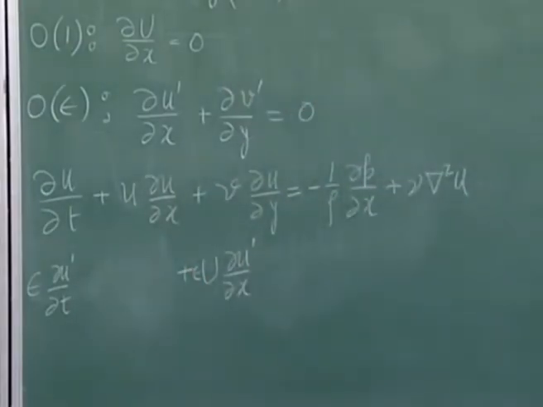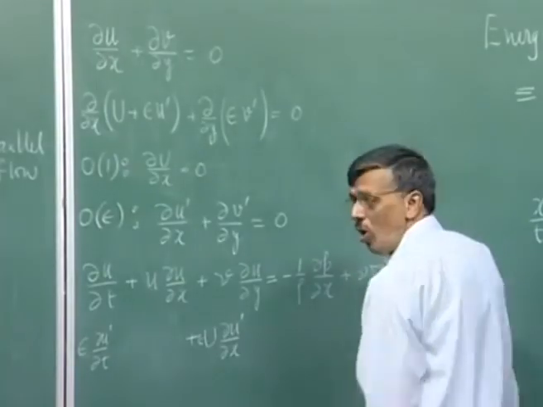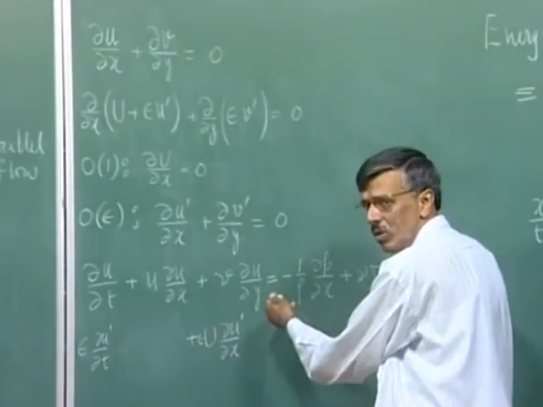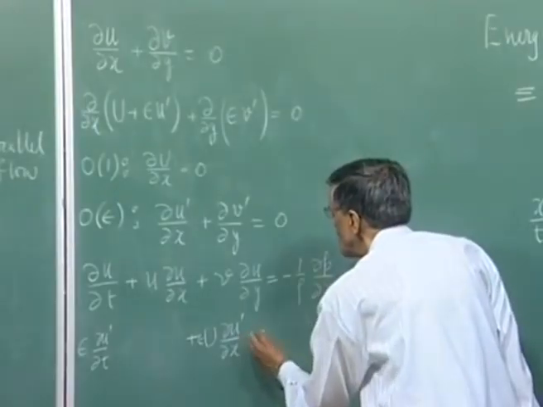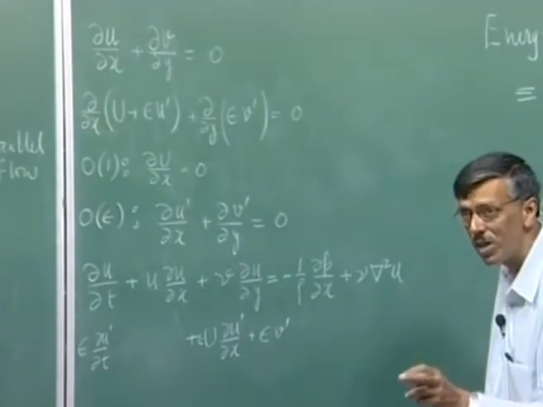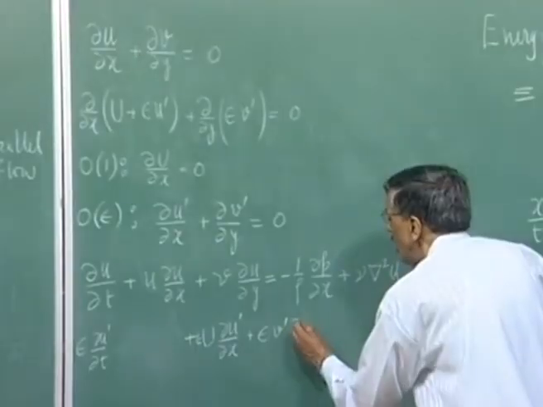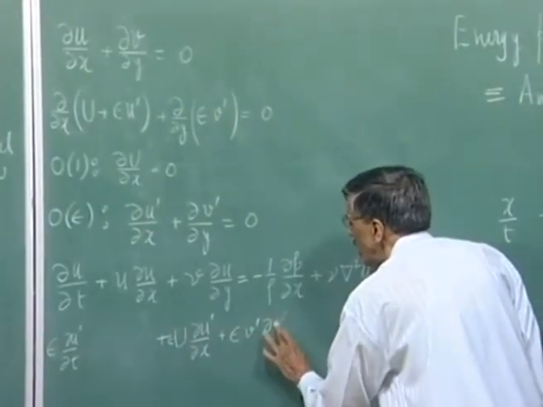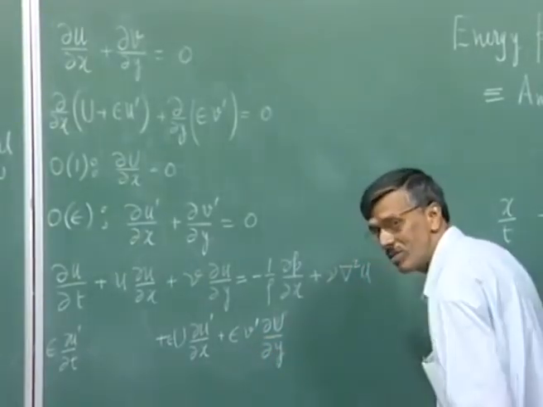What about this term? What do we get from here? The order 1 term does not exist. The order epsilon term will be epsilon v prime. What about this? We will get only the mean flow term coming, that is our order epsilon term. So, that is your del U del y, that exists, right.